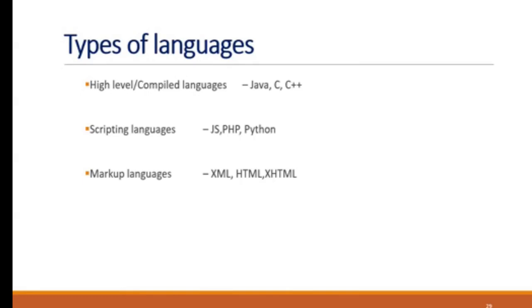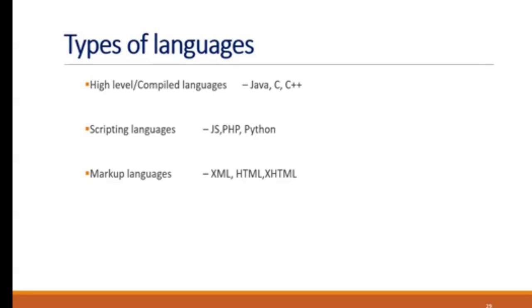Markup language, third one: XML, HTML, XHTML. Even though we say it's a kind of language, you can't do any kind of development using XML or HTML or XHTML. The purpose of having markup language is just to display things, right?